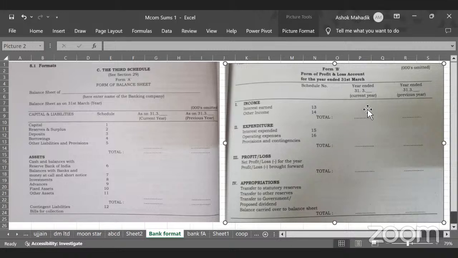So when you add 13 and 14, we get total income. From that, we have to subtract the total of 15, 16, and that provision and contingency. For the timing, we can call it schedule 17, so that I don't have to repeat that full name again and again. So from the 13, 14 total, we have to subtract 15, 16, and 17.